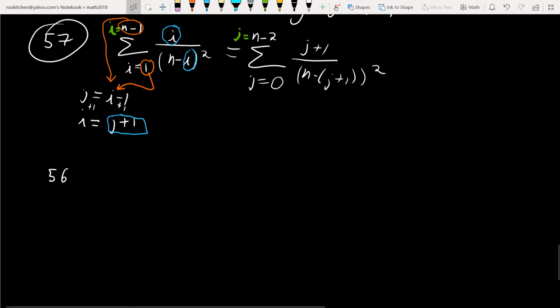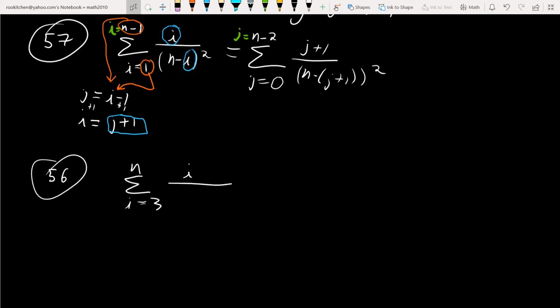This is 56, and I have the sum from i equals 3 to n of i all over i plus n minus 1. Okay, so this is the same kind of game. I'm given a formula for j, and I want to now produce a formula for i. So I just add 1 to both sides. And then over here, when i is 3, j will equal 3 minus 1, which will be 2.